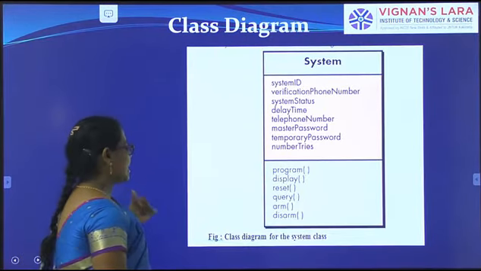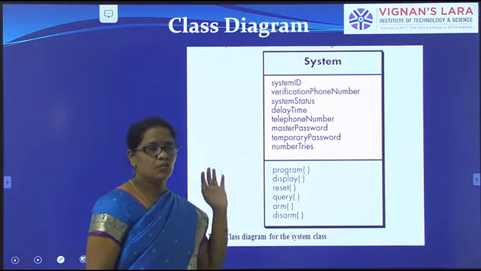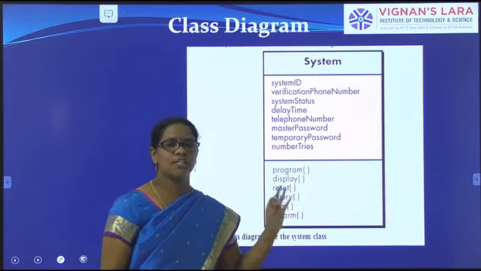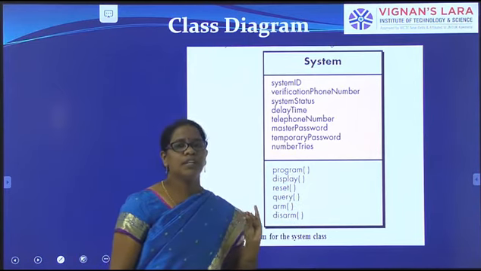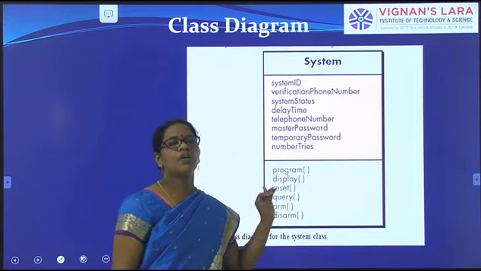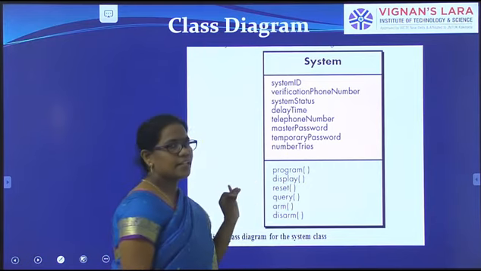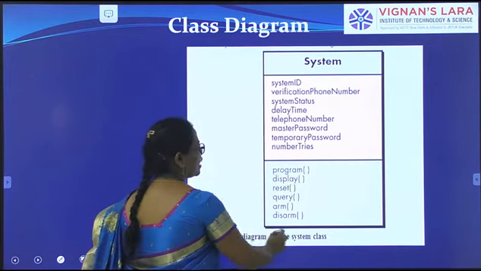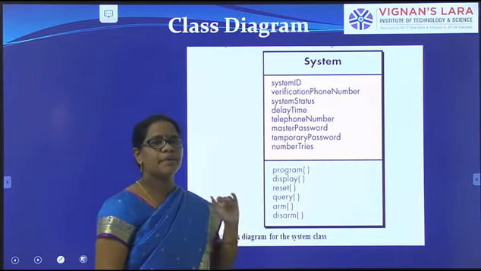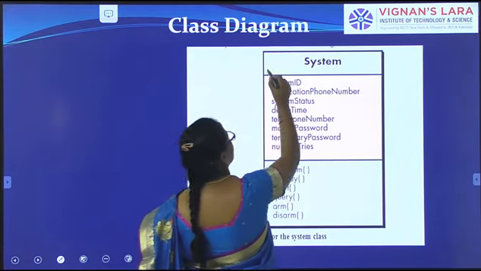Up to now we have seen what classes, objects, attributes and operations are, and also relationships. Now let's go for the class diagram. The class diagram is represented in a rectangular box divided into three parts. One is the class name.